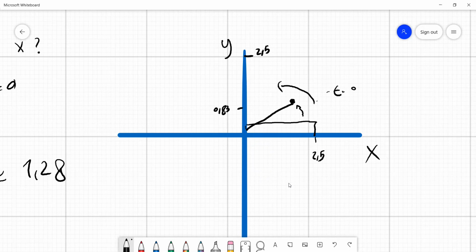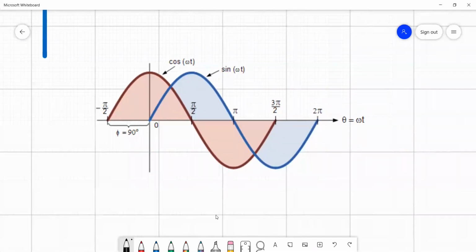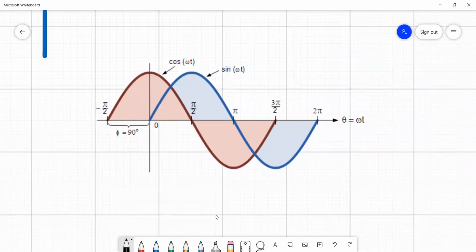So what we will need to find now is the time. Now, since we are explicitly talking about the y value, let's look at which sine is more appropriate to use. So cosine, we agreed that it starts at 2.5 amplitude, which was appropriate for x, because x started at 2.5, while at t equals 0, y starts at 0.